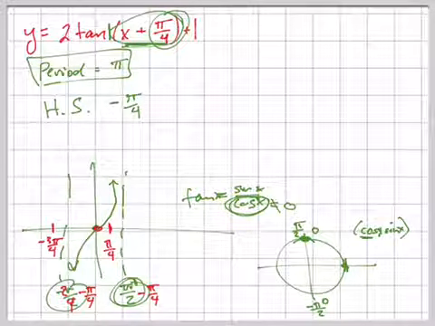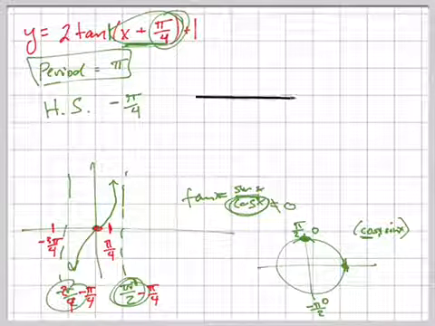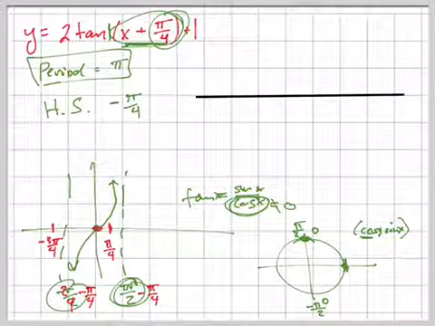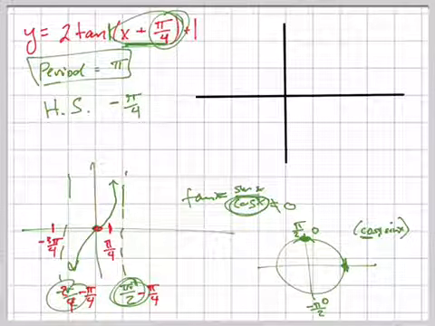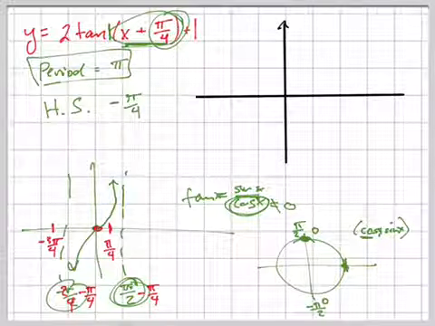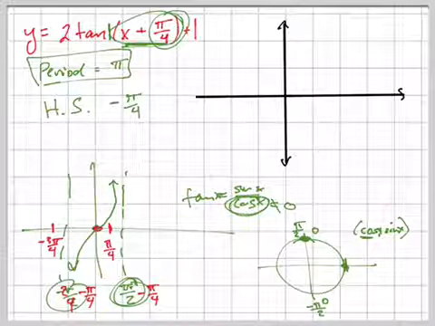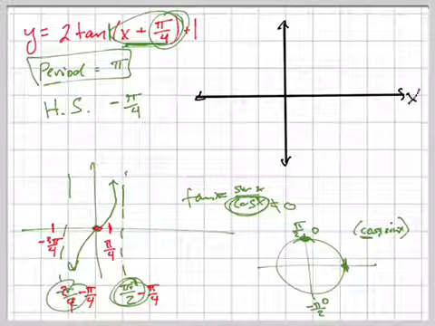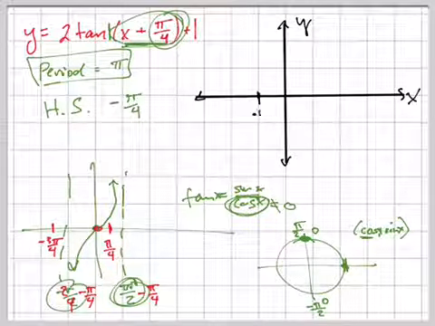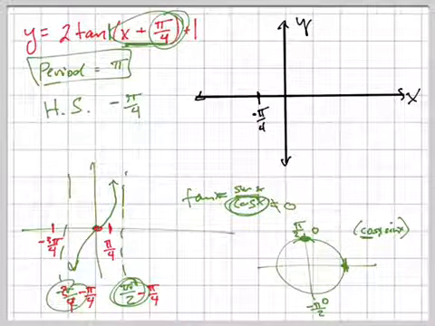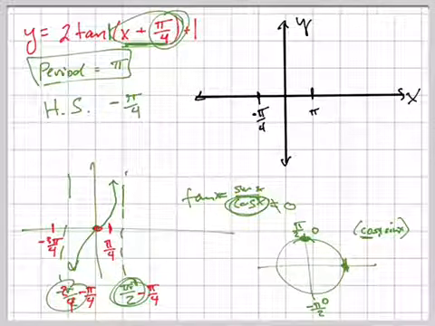Let's take care of that first. Let me just make a little graph up here so you can see what it looks like. Here's my x-axis and my y-axis. I waited to draw it because sometimes I don't know how much it's going to shift, but that's plenty. Let's call this negative pi over 4, and this positive pi over 4.